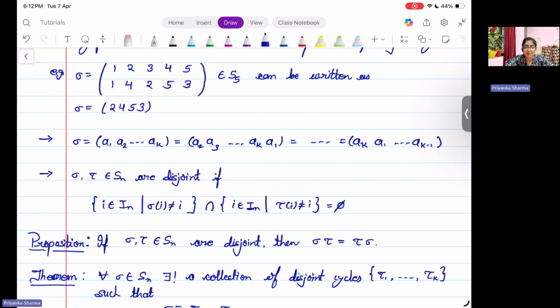So these two sets are disjoint. If these two sets are disjoint, then we say that the permutations sigma and tau are disjoint permutations.